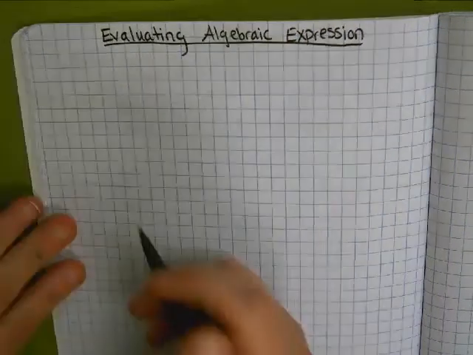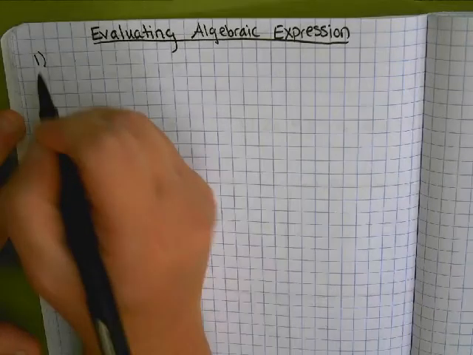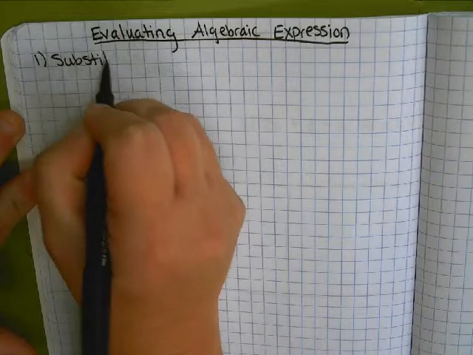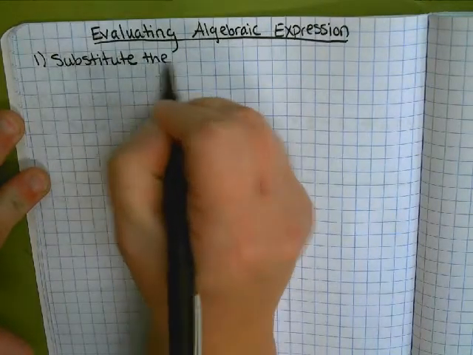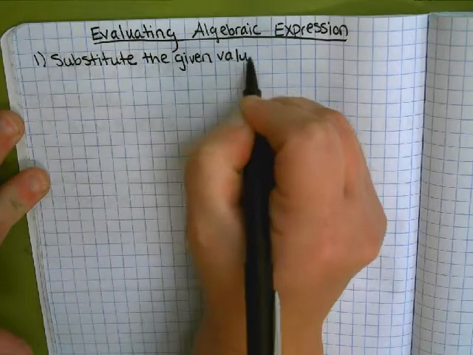Now, there's only 2 steps to do this. So step 1, we're going to substitute the given value for the variable.